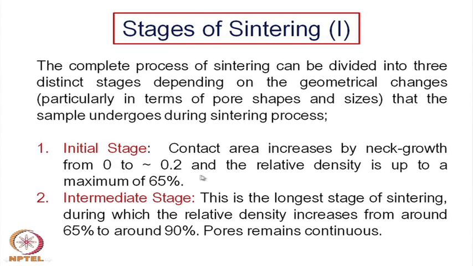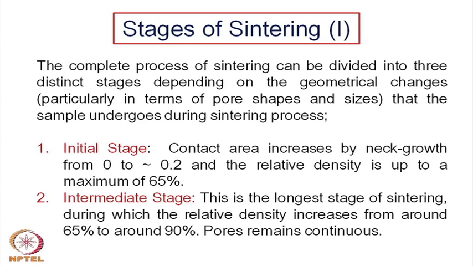So, 0 to 0.2 means about 20% growth has taken place so far as the contact area between all the particles is concerned, and the relative density is up to a maximum of 65% of the theoretical density. So, relative density is about 65% and the neck area has grown up to about 20%.